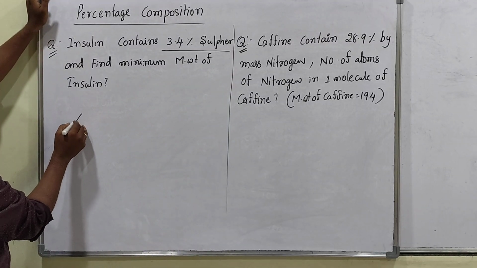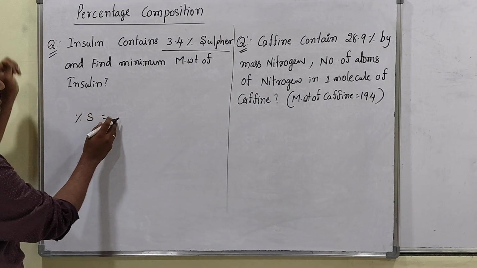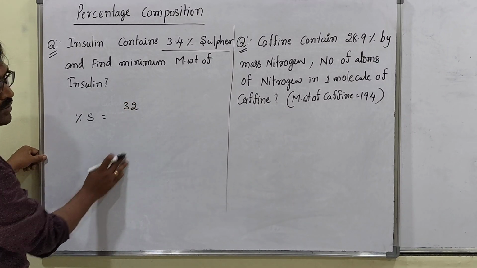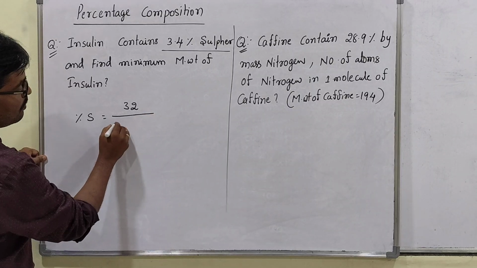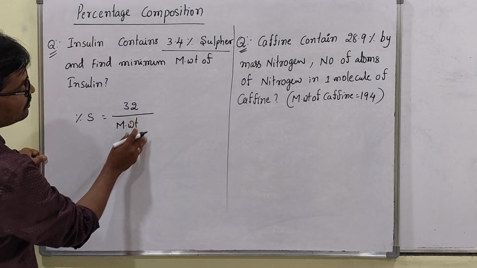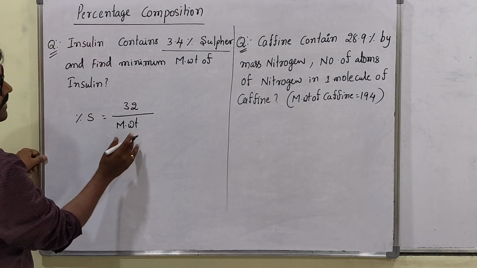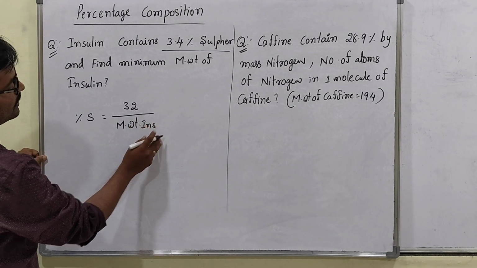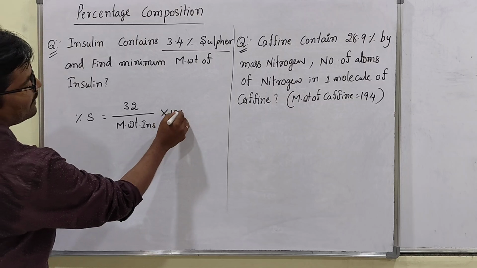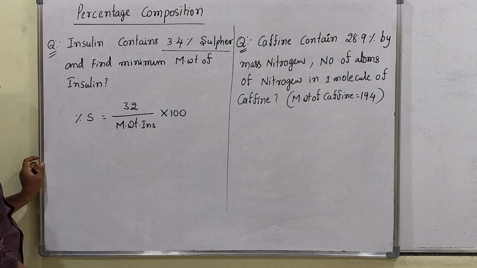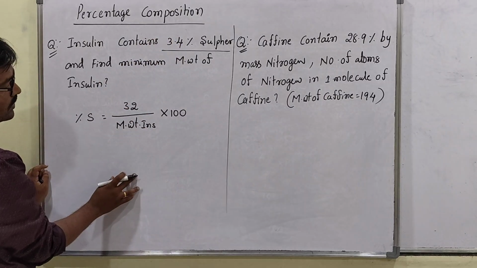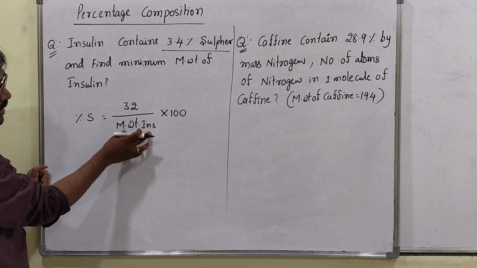So the percentage of sulfur equals the molecular weight of sulfur, how much? 32, divided by the molecular weight of insulin they're asking, so that is insulin, into 100. This is the formula. The percentage of sulfur is already given, how much? 3.4. So you only have to find the molecular weight.